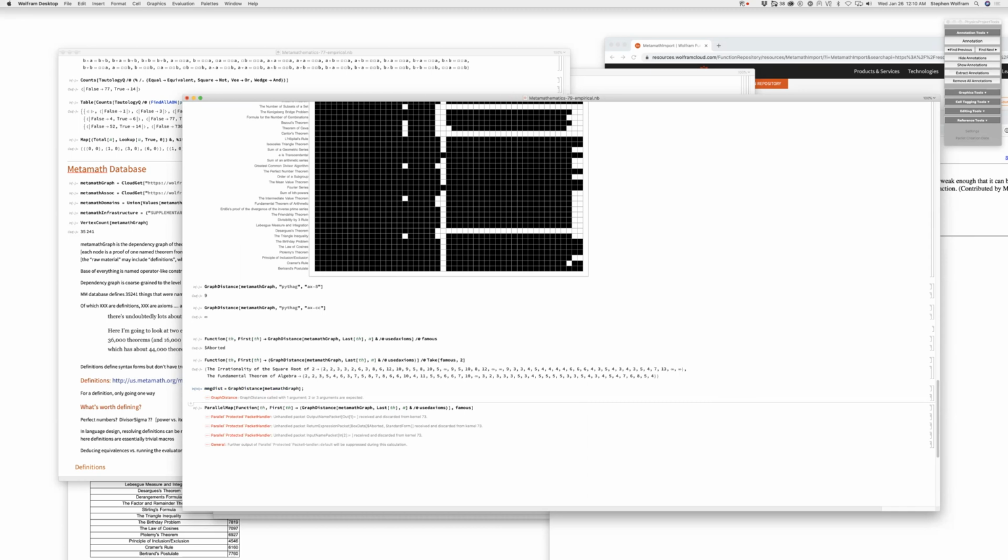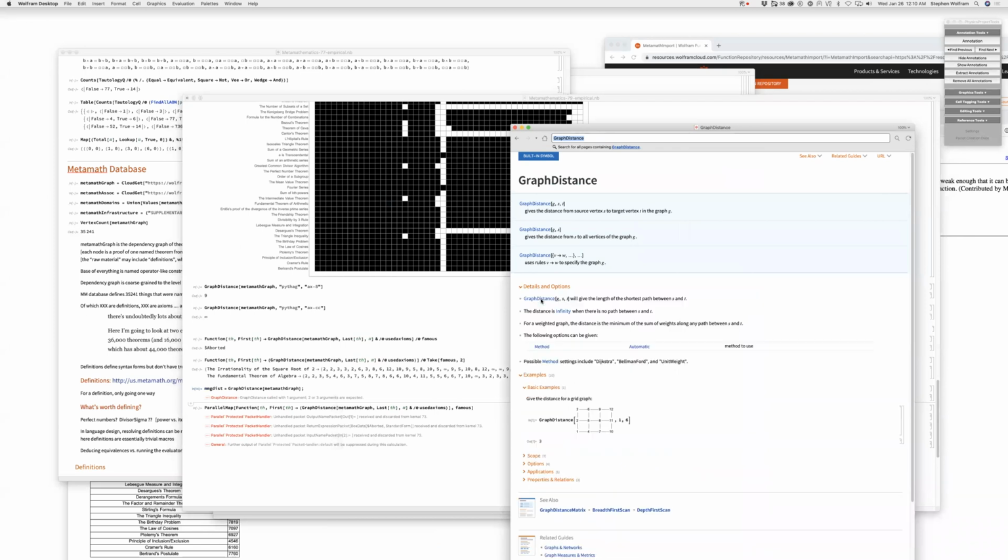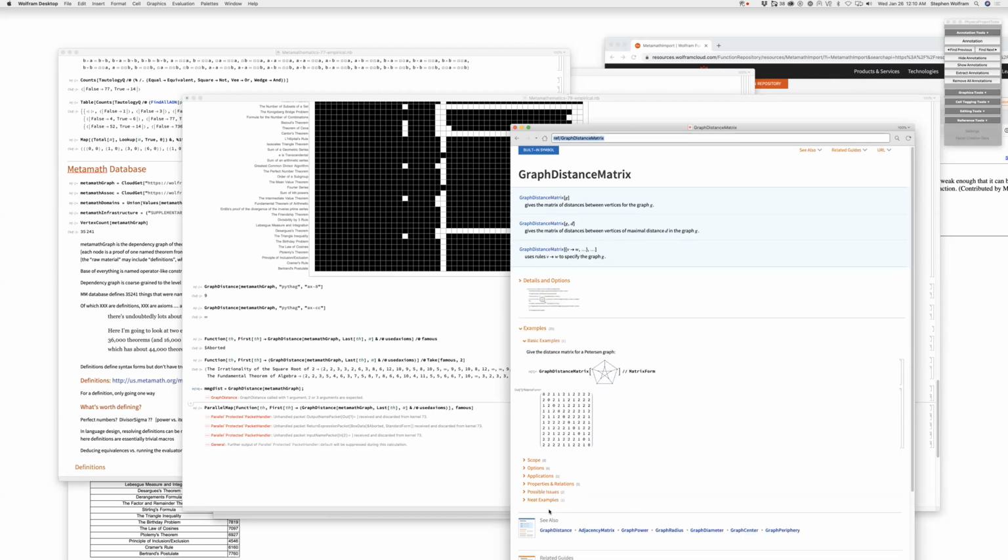Maybe all. Let's look it up. Is it graph distance matrix? Surely not.